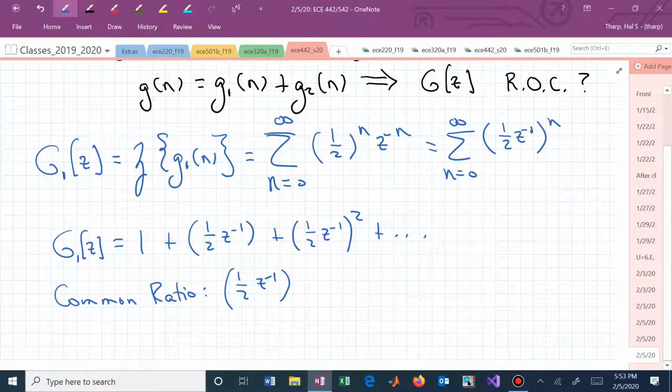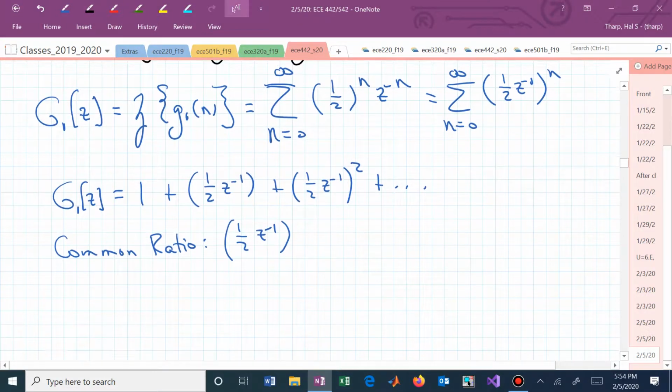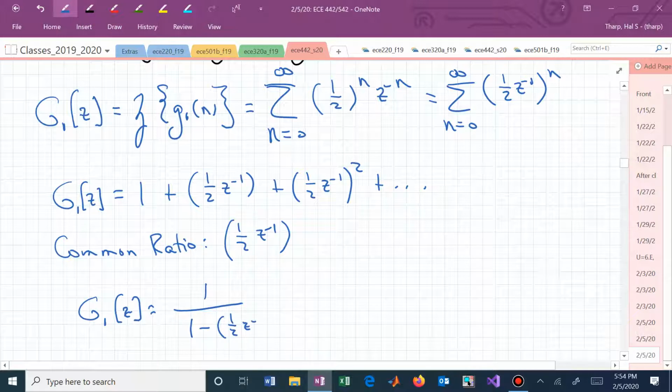I'm hoping you remember, though we don't even really need to know the expression, that we would compare that to the common ratio times capital G1 of z and end up with capital G1 of z equaling 1 over 1 minus 1/2 z to the minus 1. And when would that be valid? Or when would that series converge?